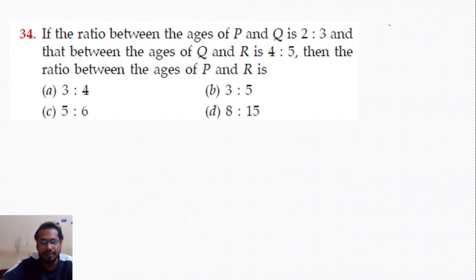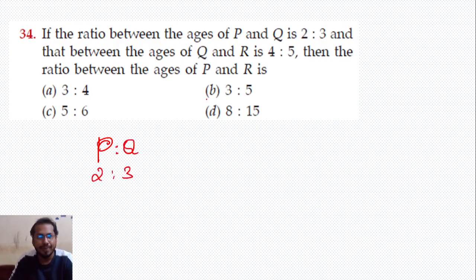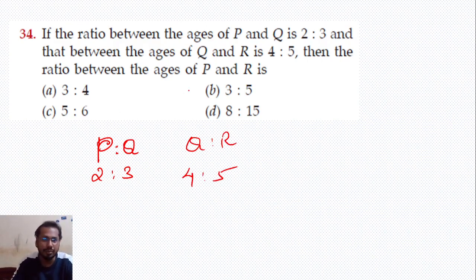Right, next one. If the ratio between the ages of P and Q is 2 is to 3, and that between the ages of Q and R, then the ratio between the ages of P and R. Okay, right?